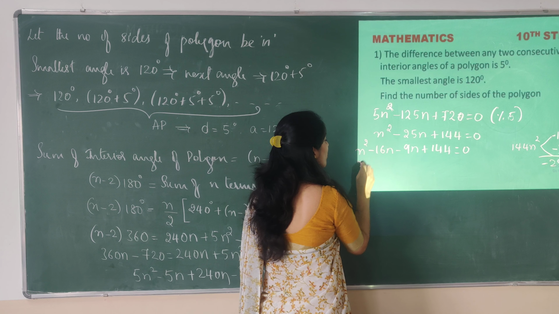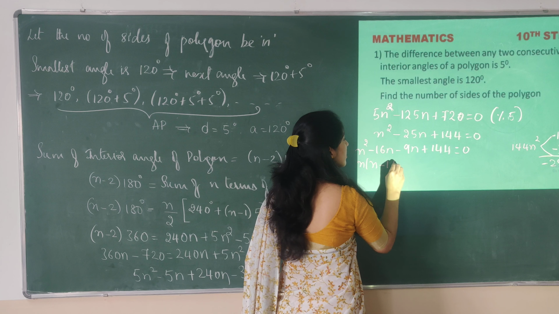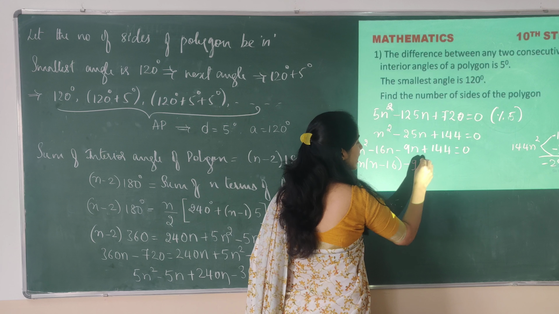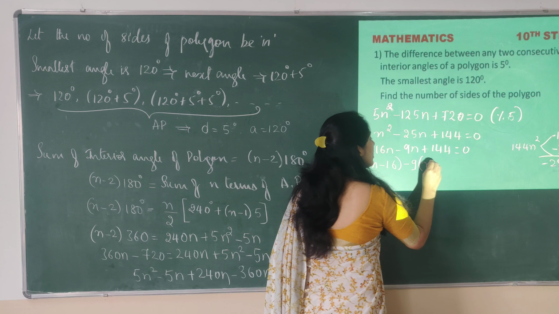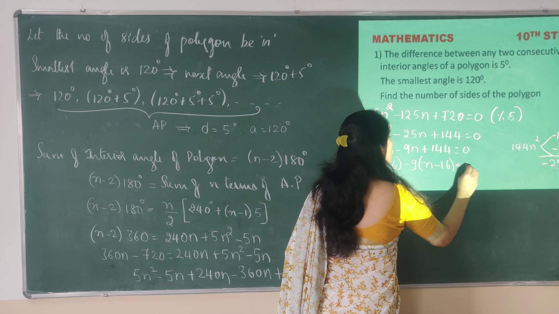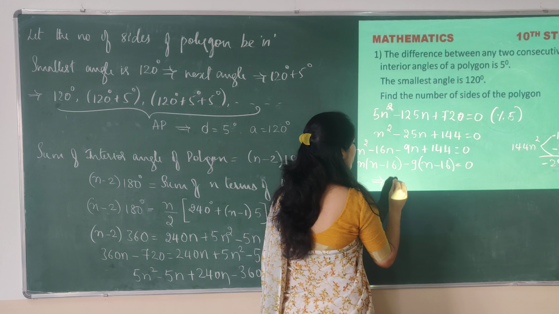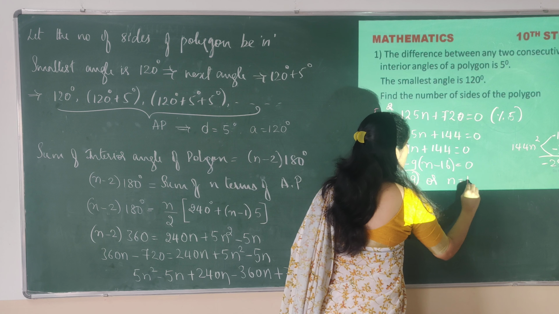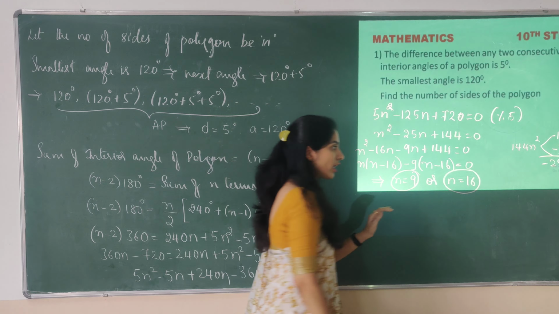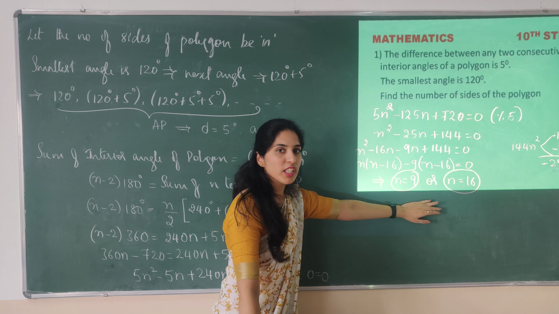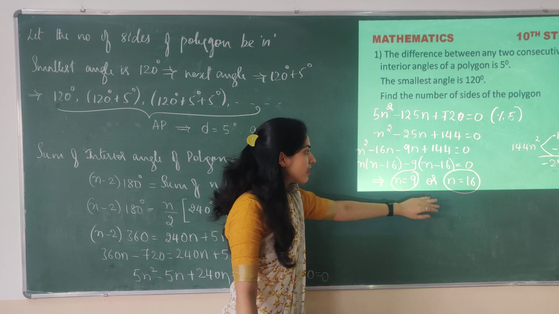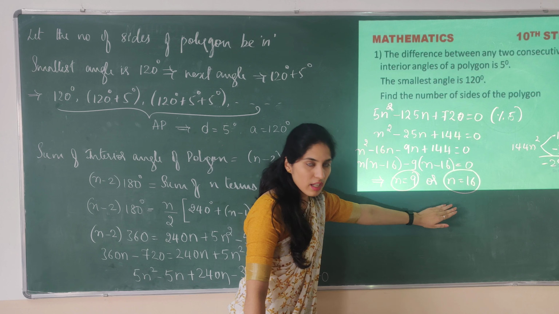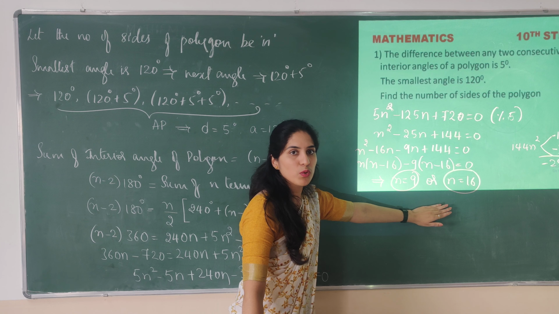I'll take n common here: n into n minus 16 minus 9 into n minus 16 is equal to 0. What are the values of n? n is equal to 9 or n is equal to 16. So we have got the values of n, the number of sides of the polygon, as 9 and 16. Now which one to take among these two?